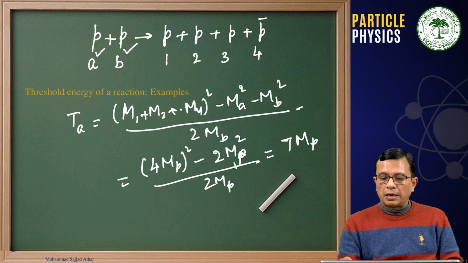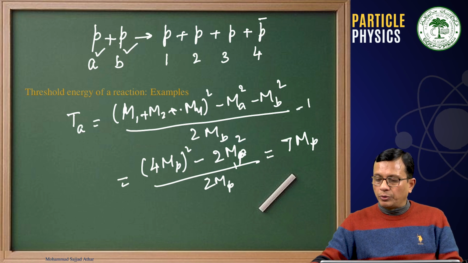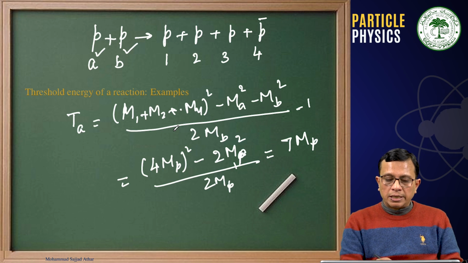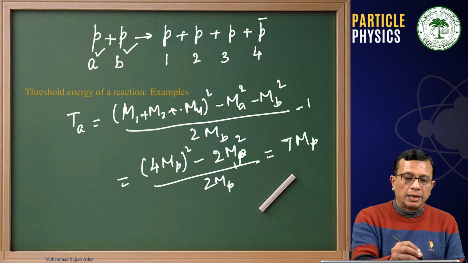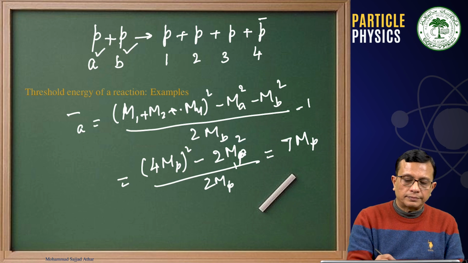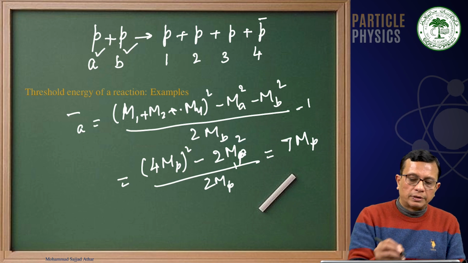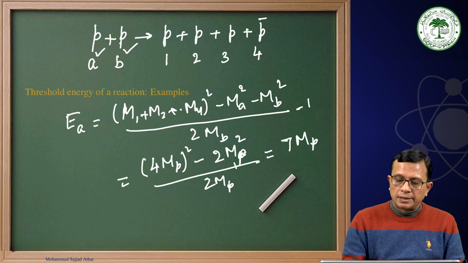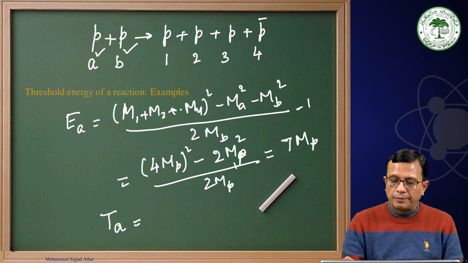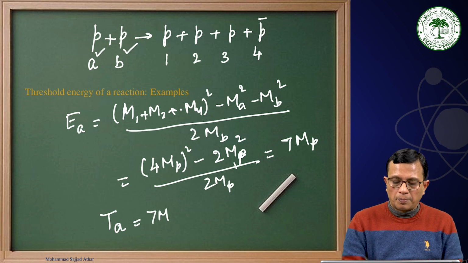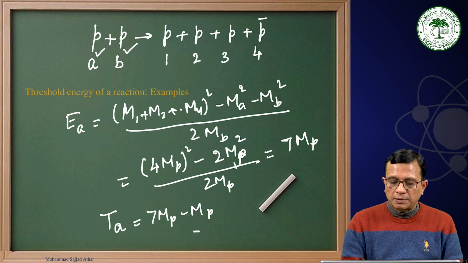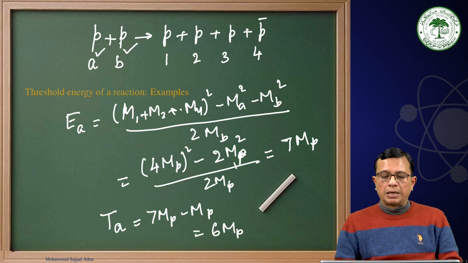Therefore, the energy required for the particle A is 7 MP. If you recall, this is the energy of the particle A, 7 MP, and then the kinetic energy of the particle A will be 7 MP minus MP, and that means this will be 6 MP.